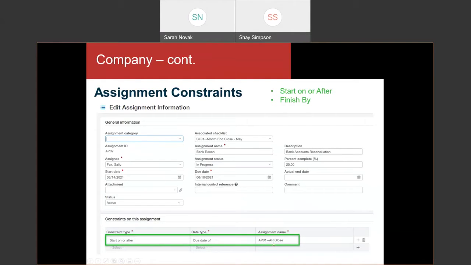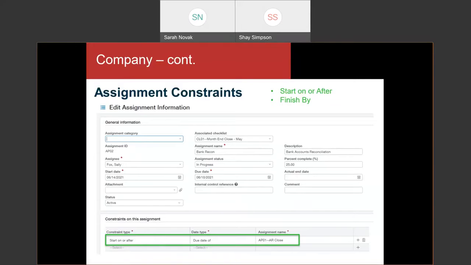Our AP1 is for an AR close. Notice that this assignment is for a bank recon. So we don't want the process for our bank reconciliation to begin until after the due date of our AR close. Now we can set this constraint type as either start on or after or finish by.